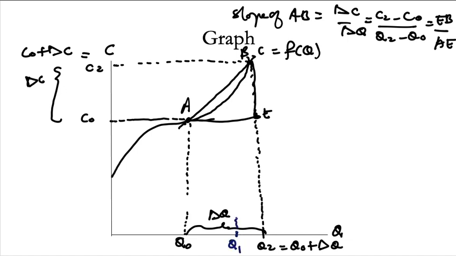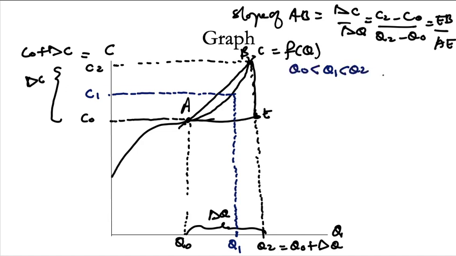So if I drag up the line until it hits the cost curve, then the cost will be here at C1. So here, we can see clearly that Q1 is greater than Q0 but less than Q2.